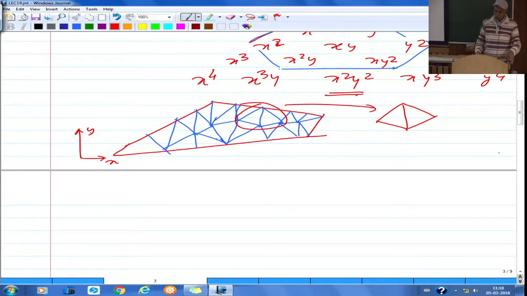Now if I talk of this particular edge which is common, shared by this element, let us say the ith element, and this element, the jth element. Continuity of T across the elements means the temperature when we evaluate from this element along this boundary from here to here, and when we evaluate the same T using the other element from here to here, they must be the same. That is what continuity means now in 2D.